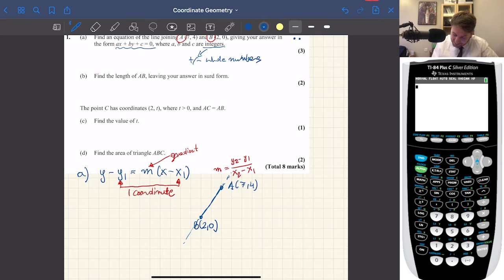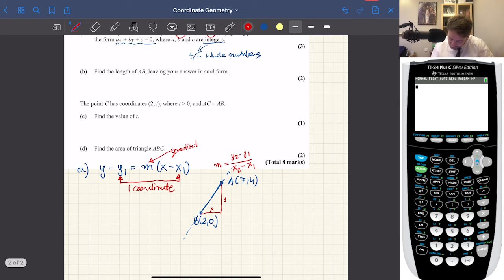It doesn't just start and stop at A and B, it just goes through those points. Since the gradient is the difference in y divided by the difference in x, I'm going to try to find out what these distances are. When I look at the y distance, it's from 0 to 4, so this distance is 4. On the x-axis, I go from 2 to 7, so that distance is 5.